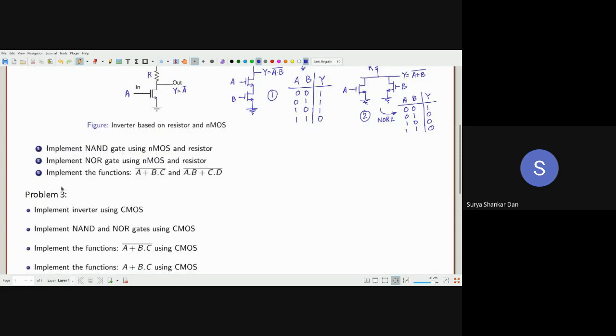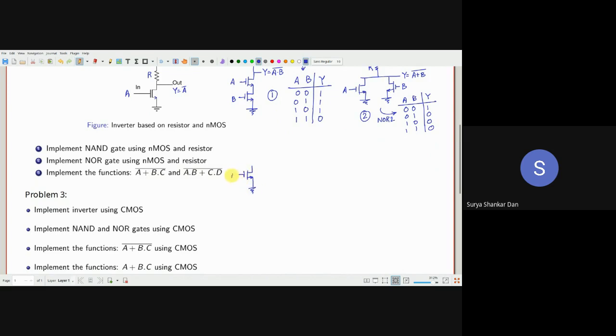Now for any arbitrary function like A plus B into C, we have already seen B into C can be implemented as a series network and A will be in parallel. So all I will do is like this.